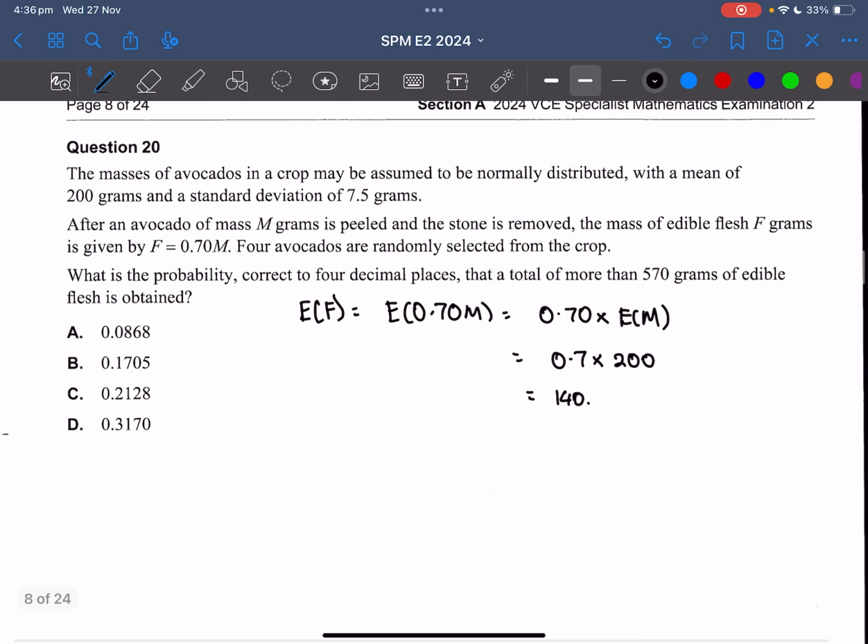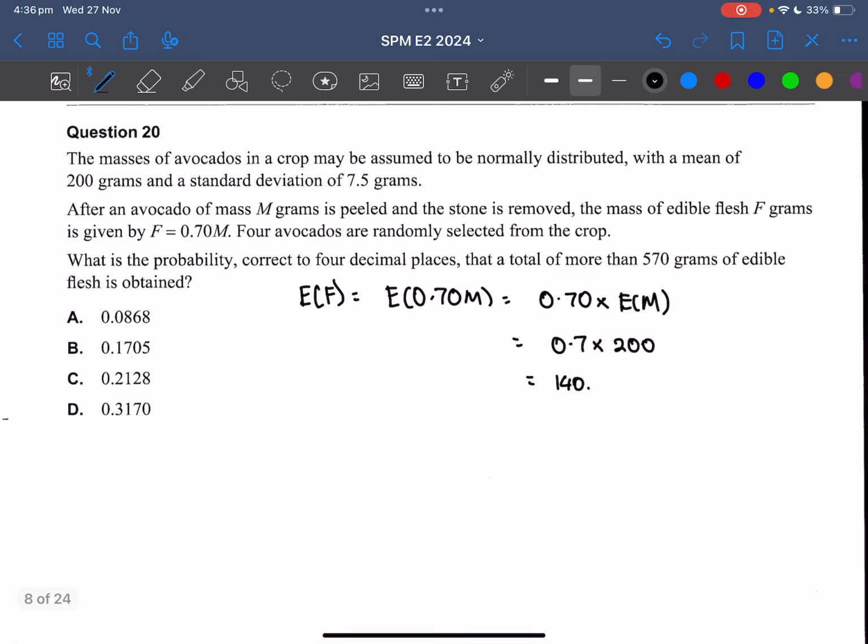Now we have to find the standard deviation. Or actually, let's just calculate the variance, because with 4 avocados it will be avocado 1 plus avocado 2 plus avocado 3 plus avocado 4.